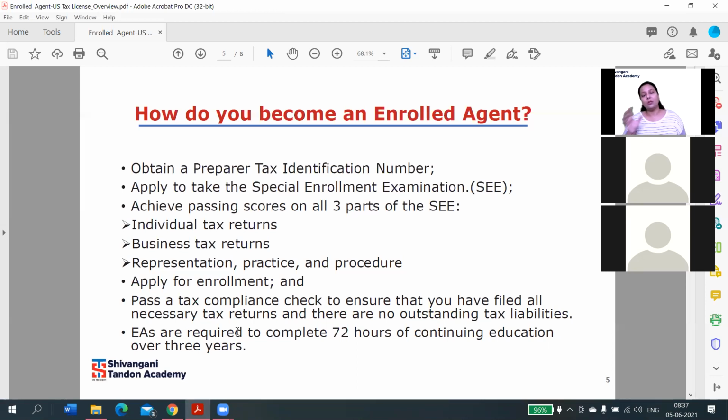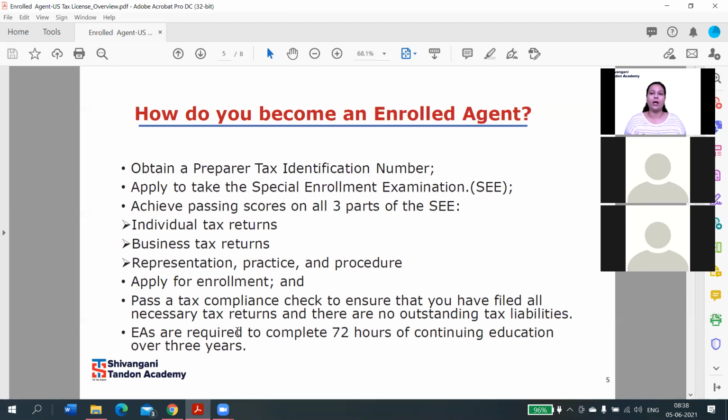Once you're an EA, in the next 3 years you have to do a lot of webinars. For each webinar, you will provide your enrolled agent license number online, saying you are joining this webinar with this license number. The moment you provide your license number, the webinar's credits will be credited to your account with the IRS, in your PTIN account itself.